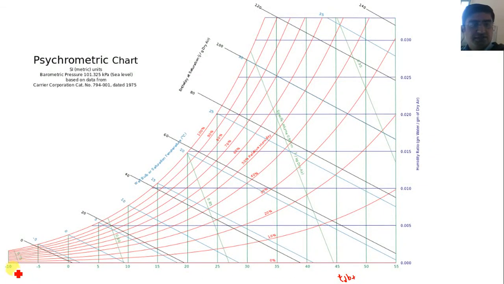Here you can see all these values indicate the dry bulb temperature in degree Celsius, and these values indicate the specific humidity, or we can say the humidity ratio, in grams of water per gram of dry air, or you can say kg per kg of dry air.